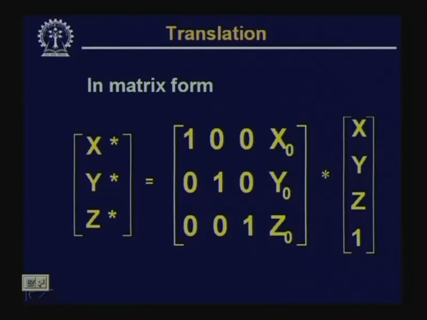Again, as before, we can go for a unified expression where this translation matrix, which at this moment has a dimension of 3 by 4, that is, 3 rows and 4 columns, becomes a 4 by 4 square matrix in the unified representation, and the left hand side also has the unified coordinate, x star, y star, z star 1.